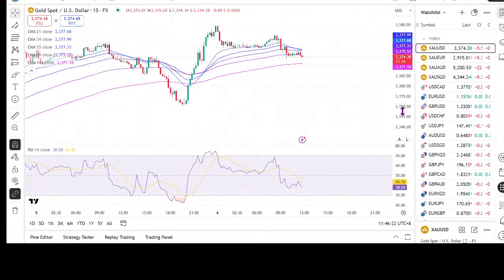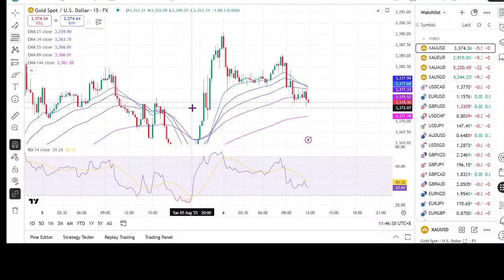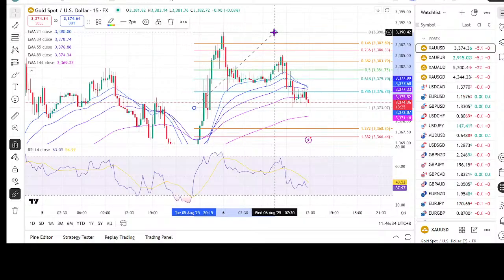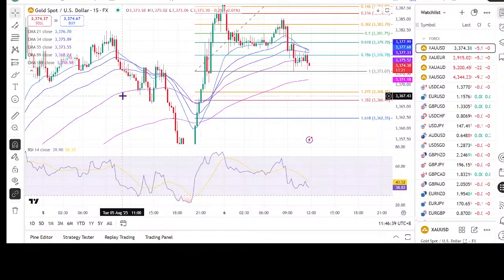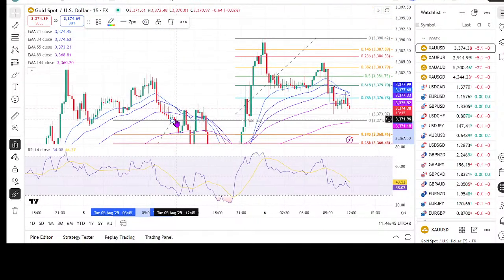Looking at this, right now this is a congestion. So if we see an extension, 66, 68 is the level I am getting.